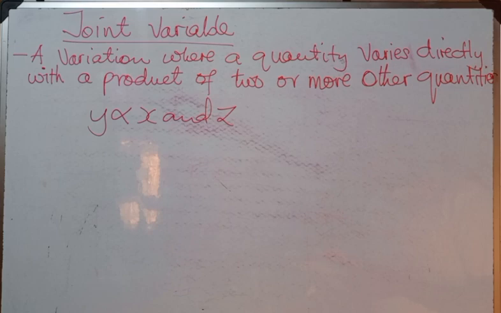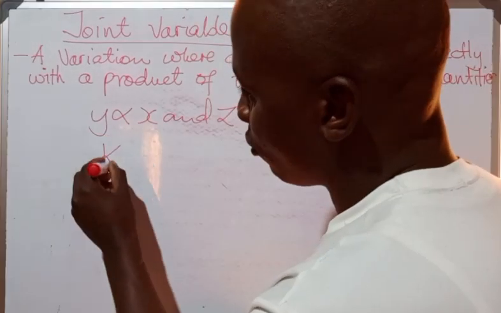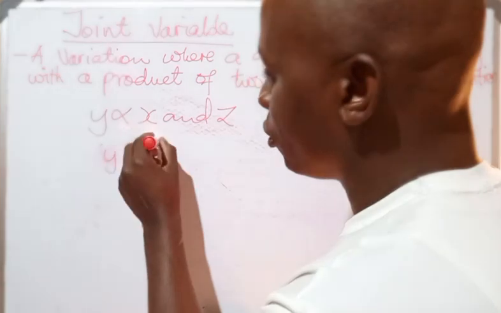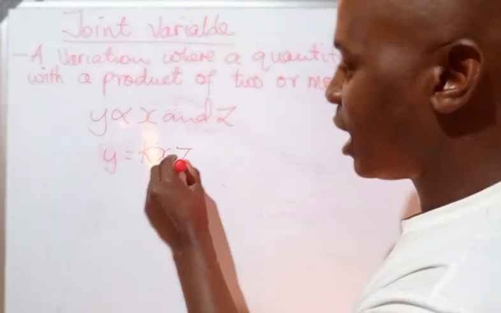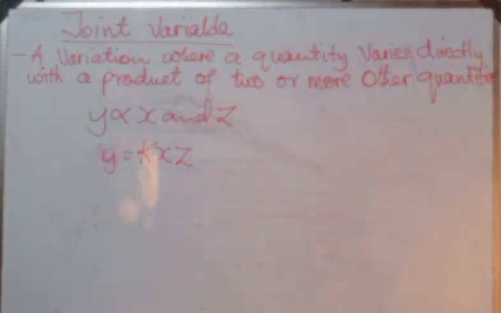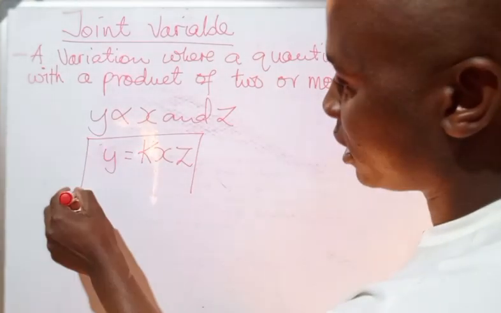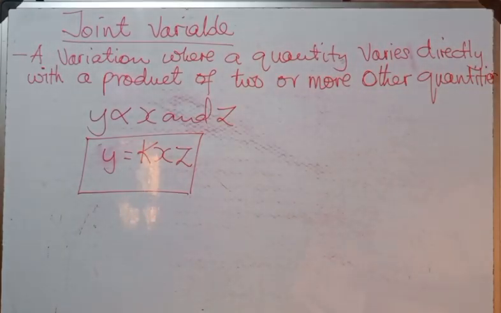So this means that it will be written as y is equal to, as usual, a constant number, then we put x and z like this. This is the meaning of a joint variation, where k is the constant number and x, y, z are the variables.